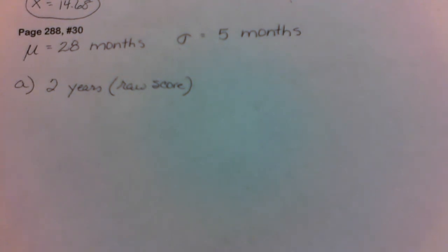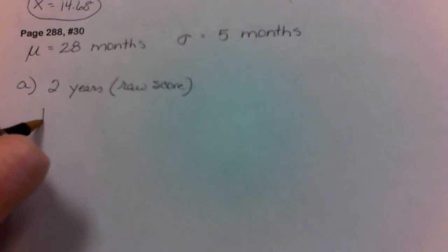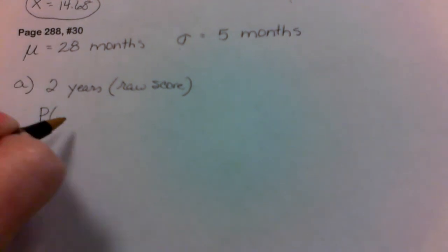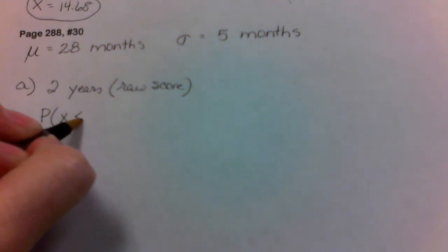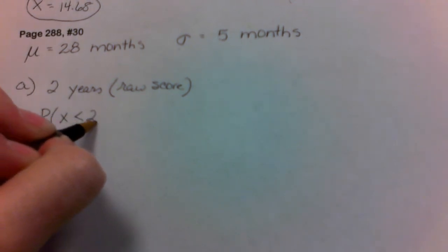So when they give me an x value, it says what percentage. Well, it's asking for what percentage. Percentage is area, so this is giving me the x. I have to find the area or the probability. So we're looking for probability in this case. Guarantee, x is a real life value. It's guaranteed for 2 years or less.